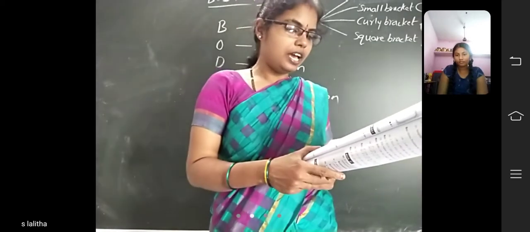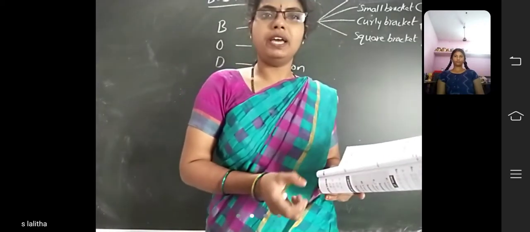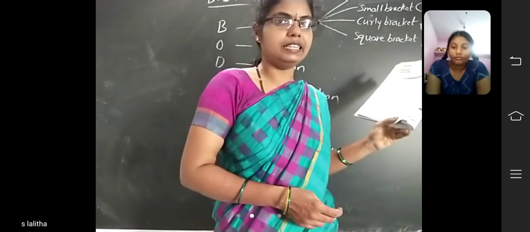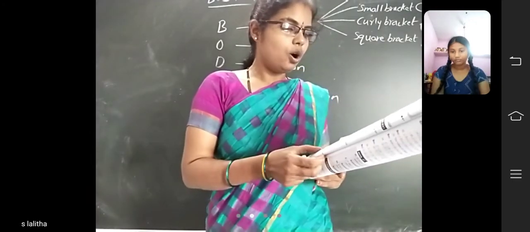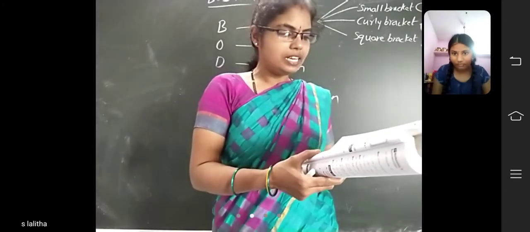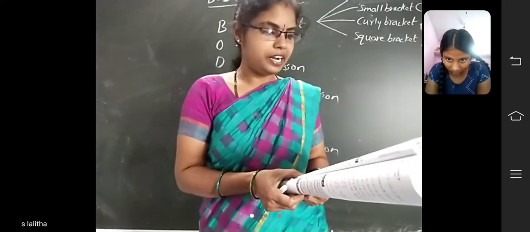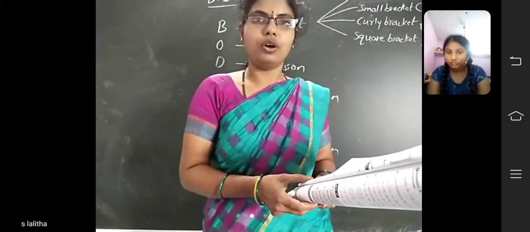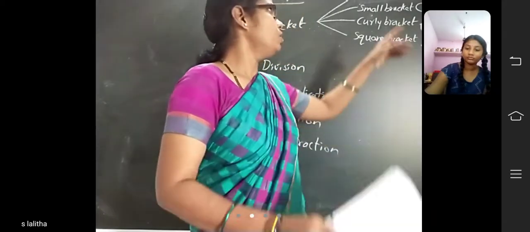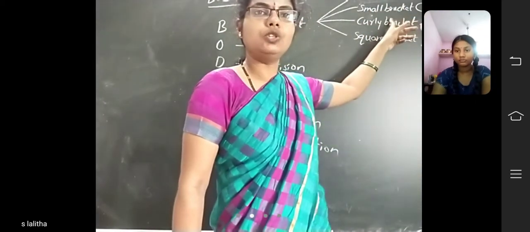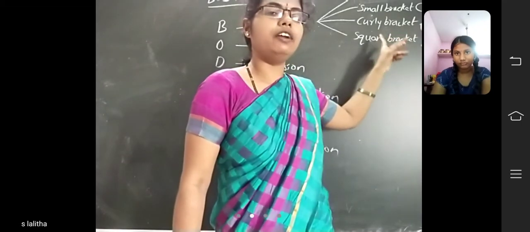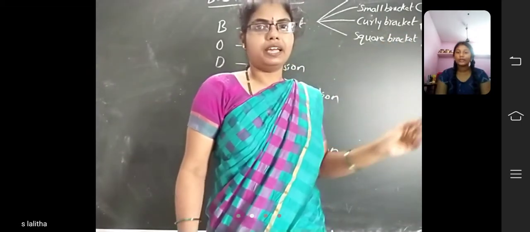Regular brackets, rectangular brackets, square brackets, big brackets. We call them like that. Next, the order to remove the brackets. While simplifying an expression, the terms in brackets are considered as independent units and brackets are removed in the following order. First one, remove vinculum. Second one, small bracket. Third one, curly bracket. Fourth one, square bracket.